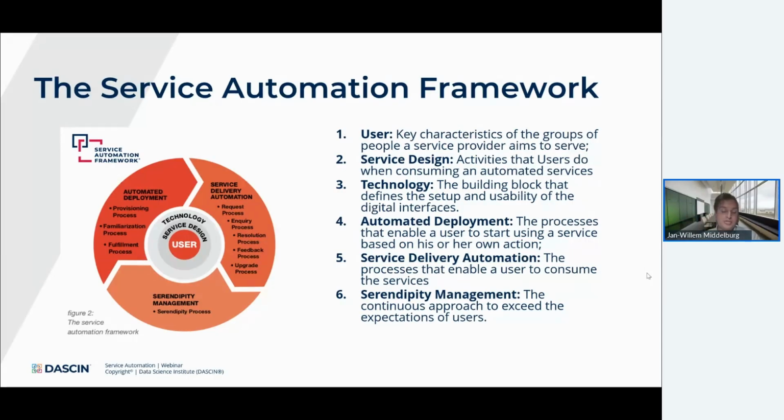And then last but not least, we have serendipity management. So once you know the behavior of your customers, you can use that information in order to surprise them in a good way, in order to propose things that you know that they might like. And again, AI is going to play a transformative role in this, because we can better and better understand services and user behavior, and then adjust services towards specific preferences.